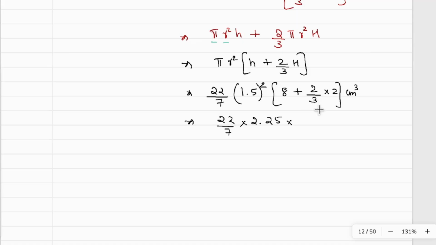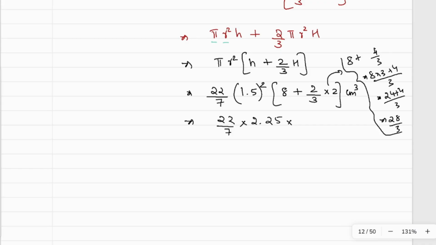Here we have to take the LCM. This part I can do separately here: 8 plus 4 by 3. Here we will do 8 into 3 plus 4, the whole divided by 3. 24 plus 4 by 3, which is equal to 28 by 3. In this way you will have to solve this part.